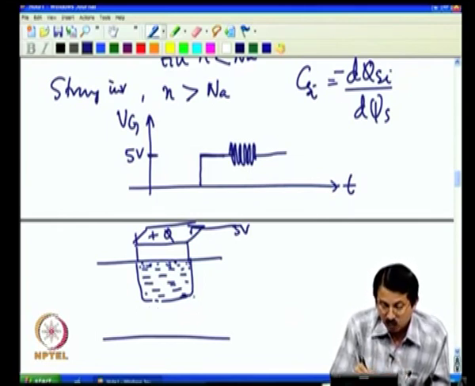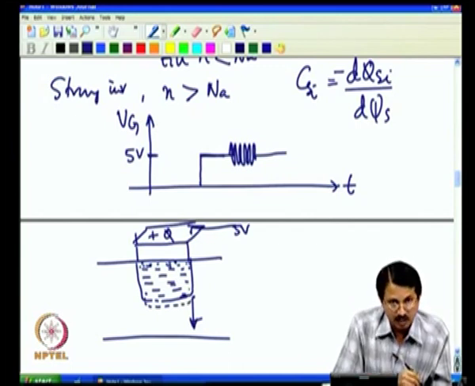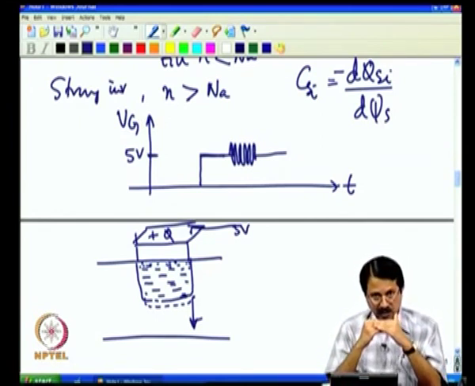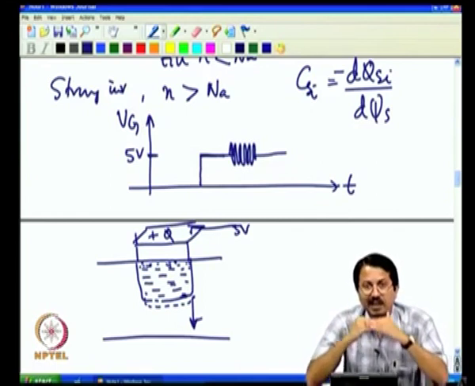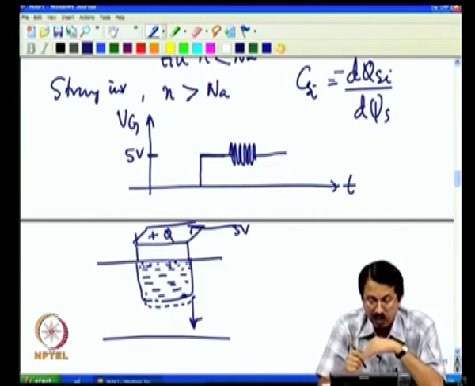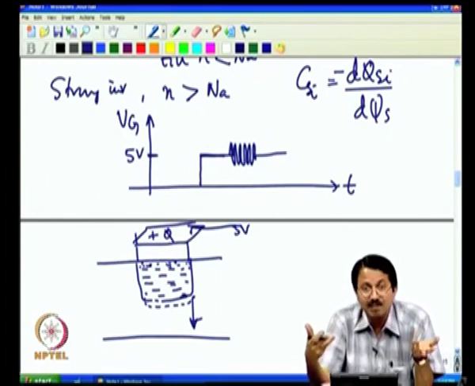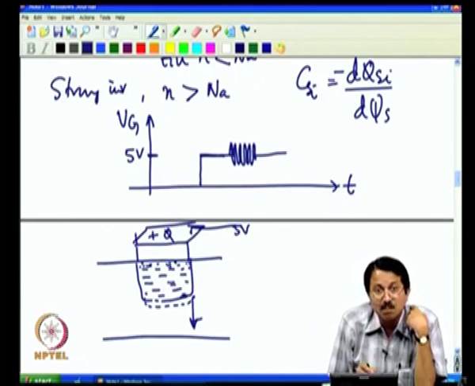Meaning that the holes here which are out here, holes go away and extend this depletion region a little more, and positive charge is balanced by this extra negative charge. So, the extra negative charge is not coming due to electrons, the extra negative charge is coming due to the edge of the depletion region responding. So, edge of the depletion region starts moving up and down because electrons are not able to respond instantaneously, because there is a generation time and electrons have to get generated in depletion region. Okay. Only then more electrons will come here.